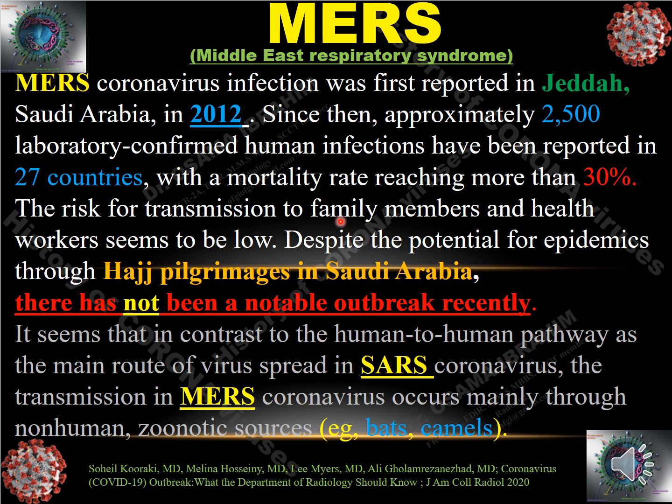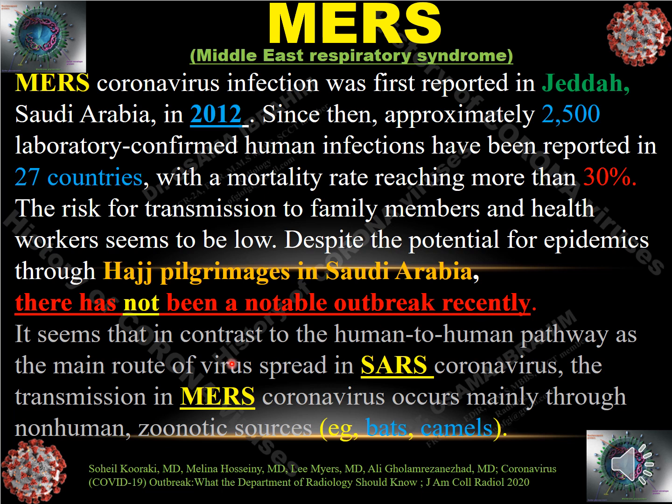The risk of transmission to family members and health workers seems to be low, despite the potential for epidemics through Hajj pilgrims in Saudi Arabia. There has not been a notable outbreak recently.